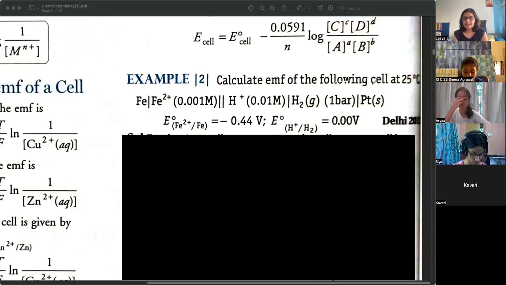Calculate the EMF of the cell at 25 degrees Celsius, so 298 Kelvin. So you can just use the 0.059 directly. You're given the cell representation, and you're given the E0 values. Can you solve this?